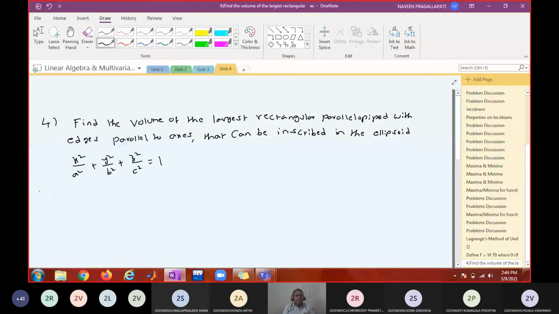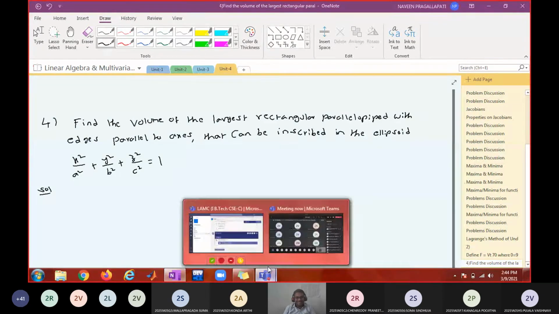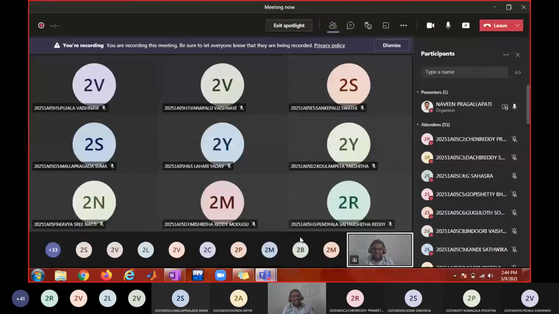Do you know how an ellipsoid looks like? Egg? Egg is not a good example because an egg is not symmetrical. An ellipsoid is a symmetrical shape in all the 8 octants.